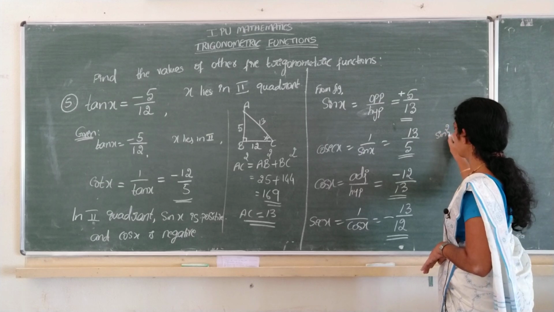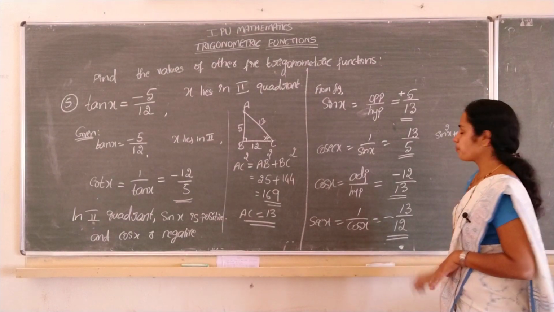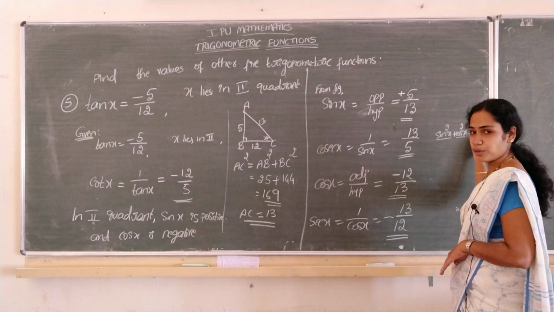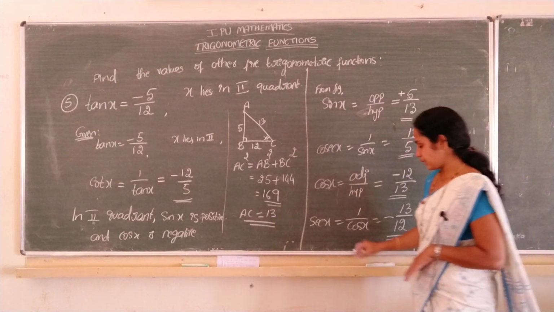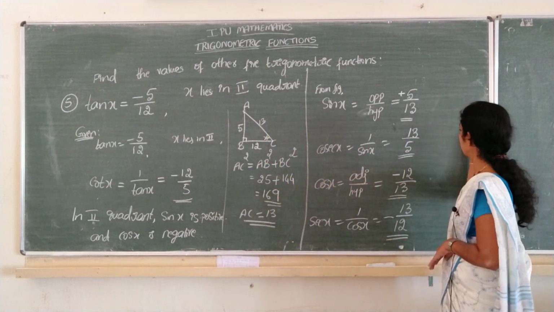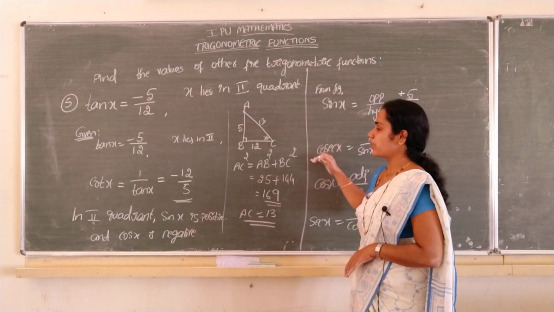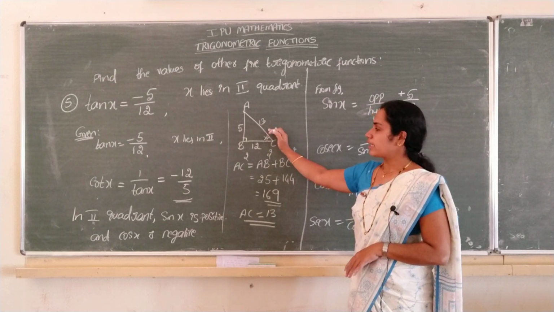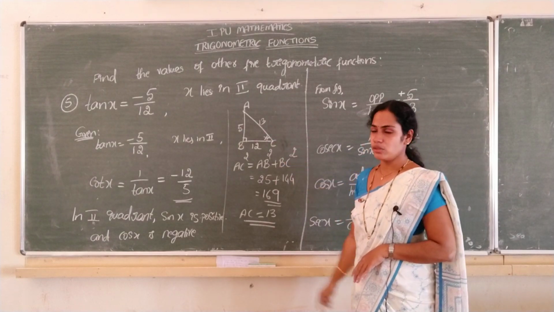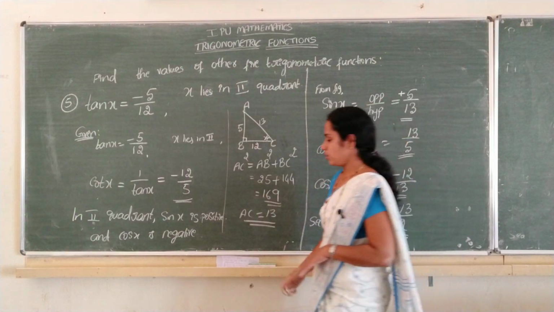We have the identity sin square x plus cos square x is equal to 1. ಇಲ್ಲಿ sin square ವ್ಯಾಲ್ಯೂ ಅನ್ನು ಸಬ್ಸ್ಟಿಟ್ಯೂಟ್ ಮಾಡಿ cos square x ಫೈಂಡ್ ಔಟ್ ಮಾಡಿ ನೆಕ್ಸ್ಟ್ cos x ಫೈಂಡ್ ಔಟ್ ಮಾಡಿದ್ದಾರೆ. ಟೆಕ್ಸ್ಟ್ ಬುಕ್ಕಲ್ಲಿ ಆ ಮೆಥಡ್ ಕೊಟ್ಟಿದ್ದಾರೆ. But using the triangle, finding the trigonometric function is an easy method. Using that also we can do, but using the triangle finding the trigonometric function is easy.